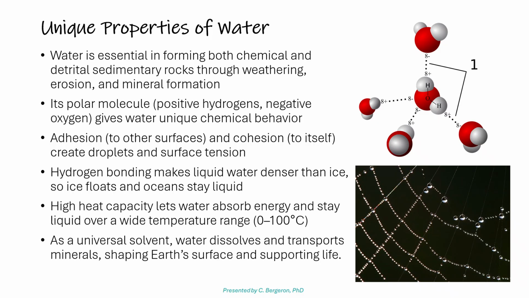Without this high boiling point, water on Earth would really be confined to narrow temperate zones, but that's not what we see. We see that water is found from pole to pole. It's really the only substance that exists in all 3 phases on the Earth's surface.